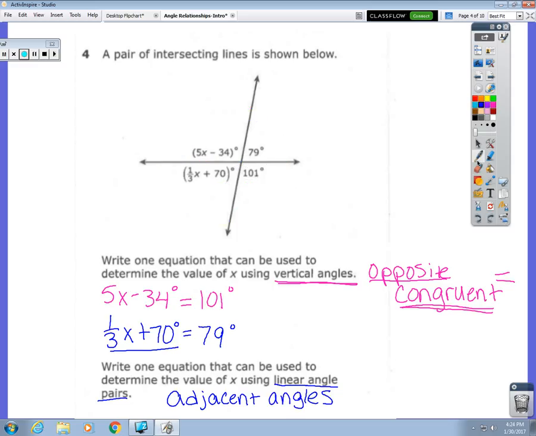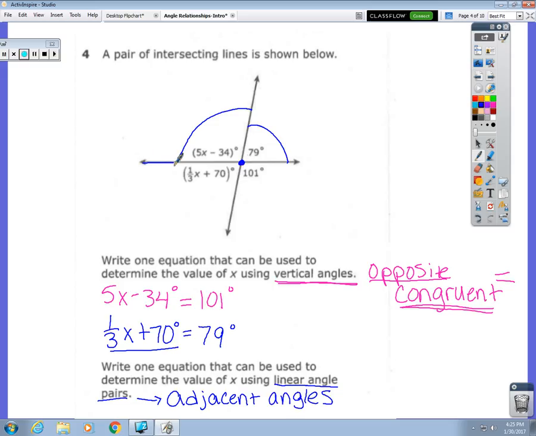So, what that means is that this angle right here and this angle right here are adjacent angles. And they share this common point vertex in the middle and they don't overlap. They're side by side. So adjacent angles are side by side.